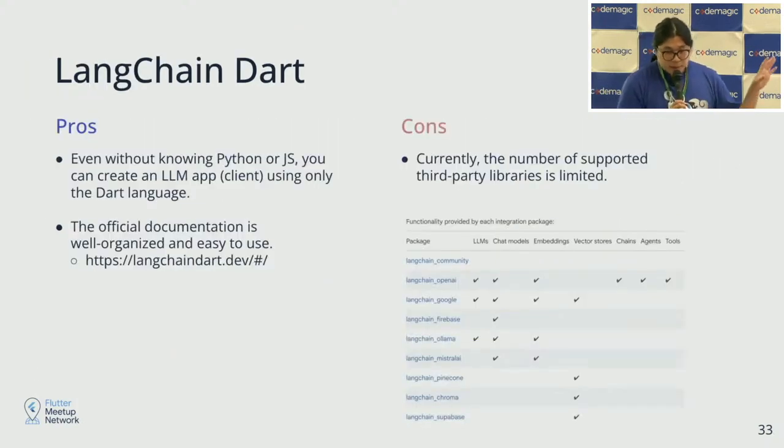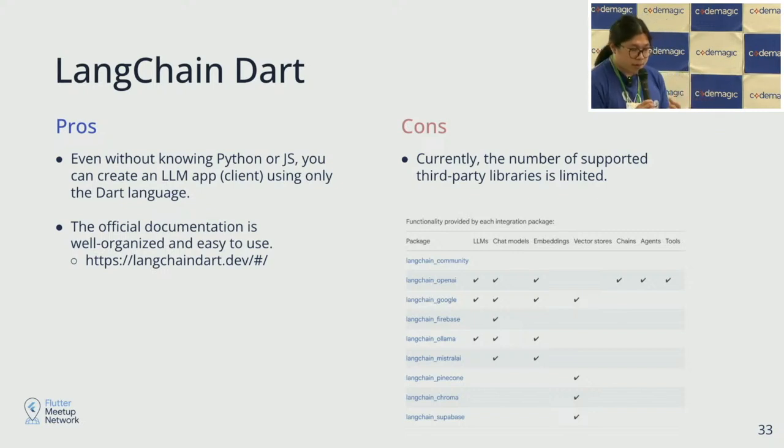Here are the pros and cons of LangChain Dart. The advantage is that you can build LLM apps using the Dart language without needing Python or JavaScript knowledge. Additionally, the official documentation is well organized and easy to use.